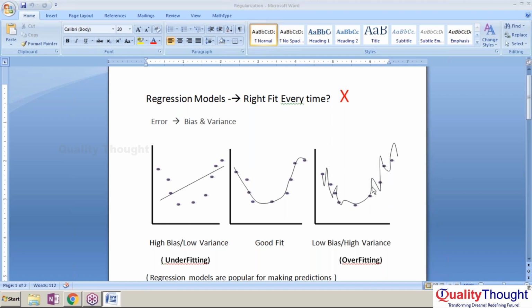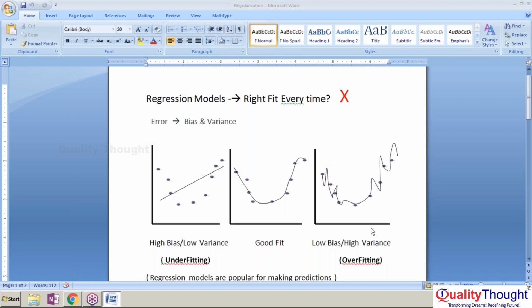You can define the bias in terms of the slope of the line, and then observe how the variance is looking. It is tilting towards either high bias and low variance, or low bias and high variance.